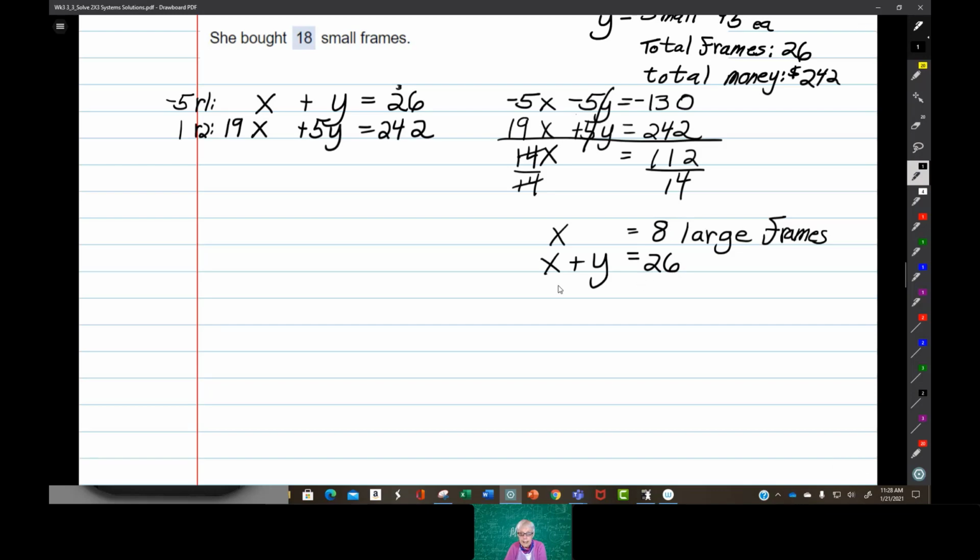So, if X is 8, I'll have 8 plus y equals 26. And I won't divide anything. I'll subtract 8 from both sides.